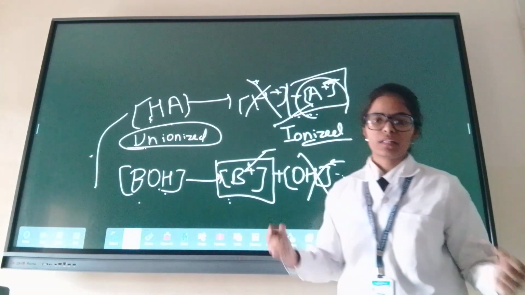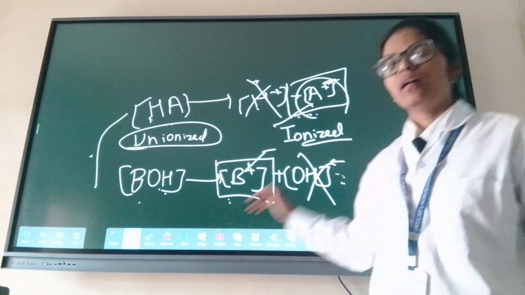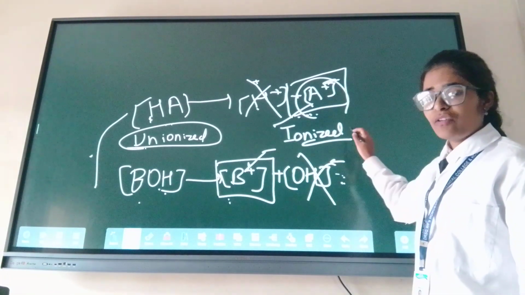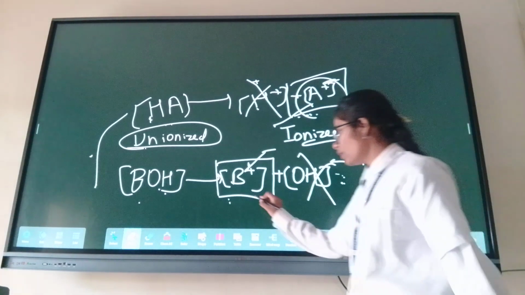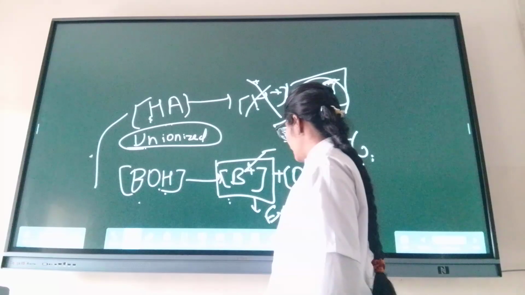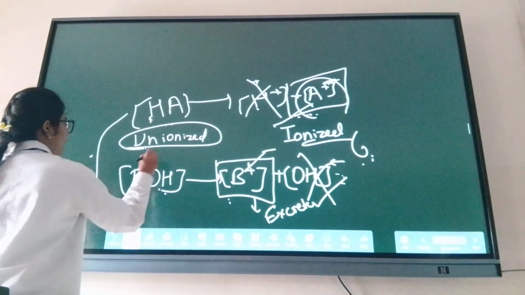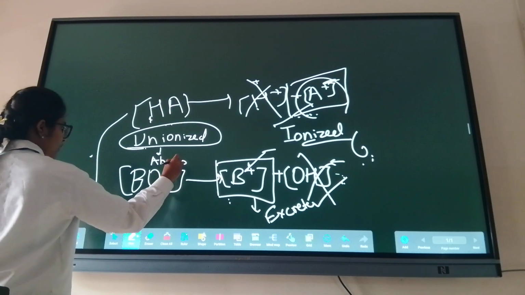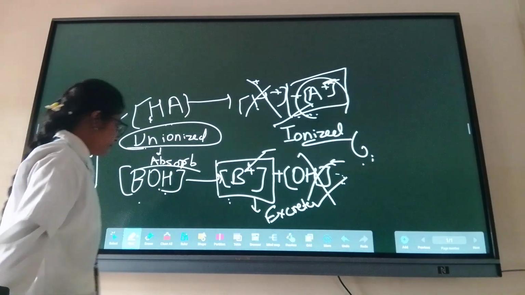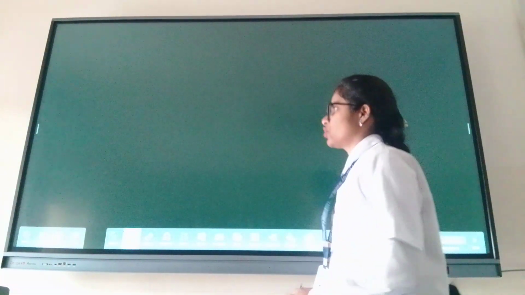It absorbs in unionized form, and the kidney excretes the ionized form better. So this will excrete better and this will absorb better. Okay, this is all the concept of absorption. Now we are starting with distribution.